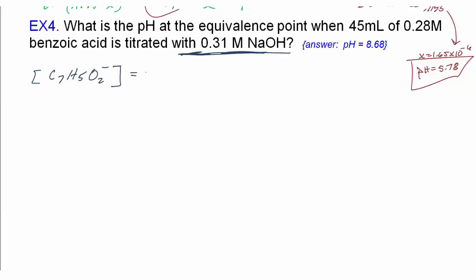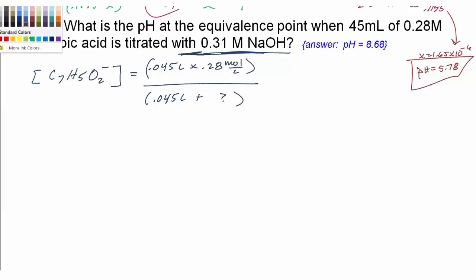That's going to be the moles over the liters. So I would have 0.045 liters times 0.28 moles per liter, and I have to divide it by the initial volume plus the equivalence point. Okay, let's find out what that equivalence point is going to be.